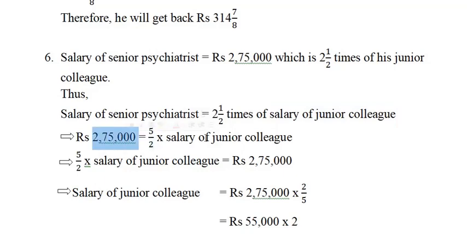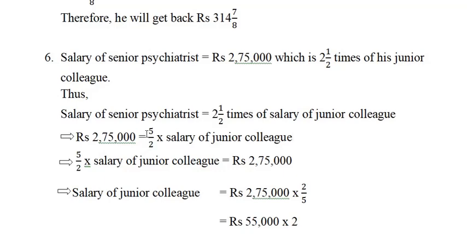Equals to, you can convert this mixed fraction into an improper fraction. It will be 5 by 2. We have to find out the salary of the junior colleague. So it is better to keep whatever you have to find out towards the left hand side.